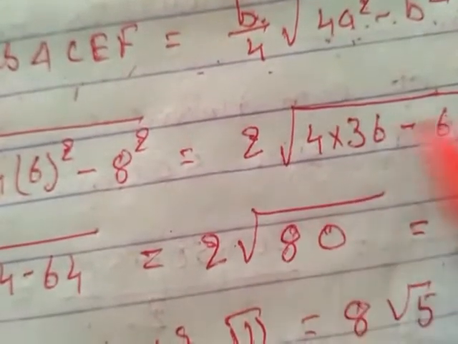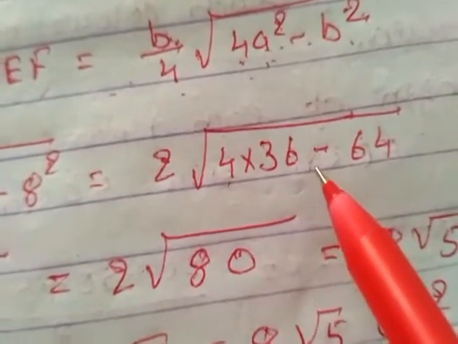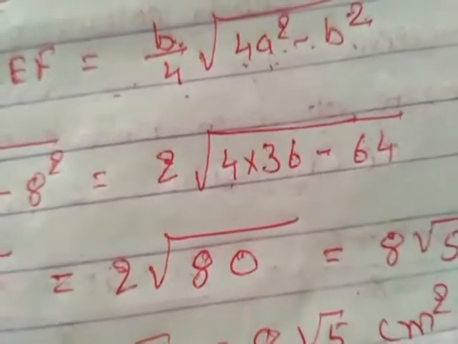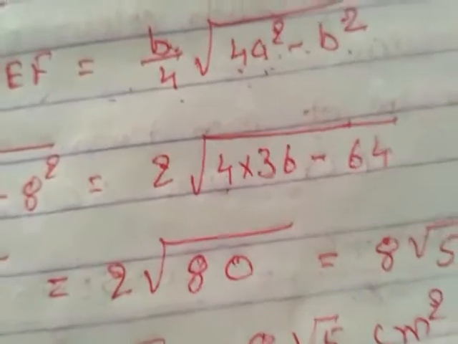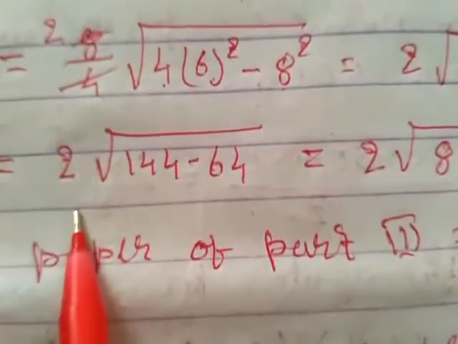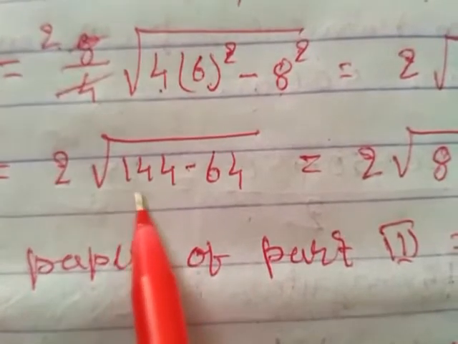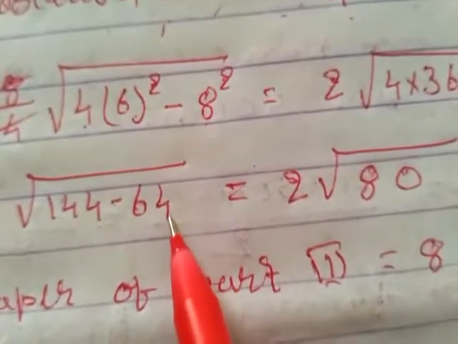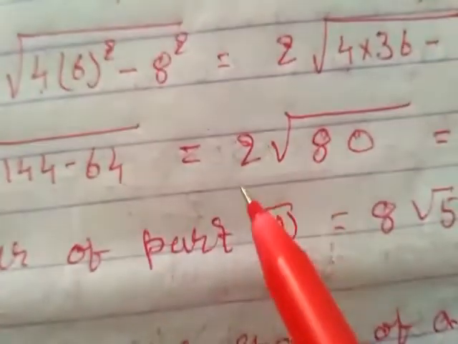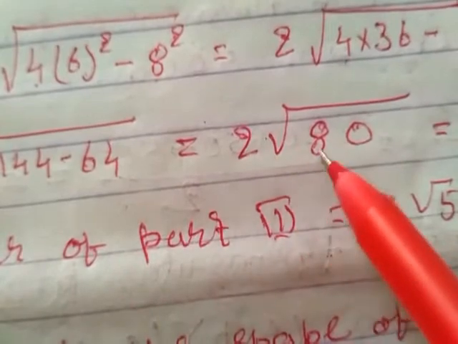So we have 2 under root 4 into 36, 6 square is 36, minus 64. On further solving, 4 into 36 will be equal to 144 minus 8 square, that is 64. So we have 2 under root 144 minus 64 equals 80.